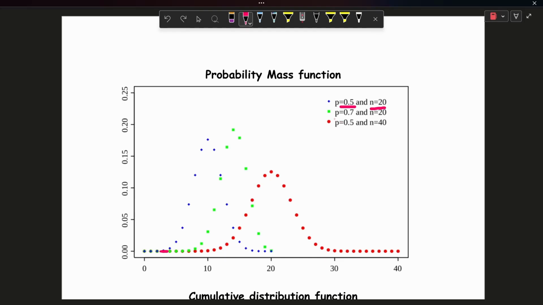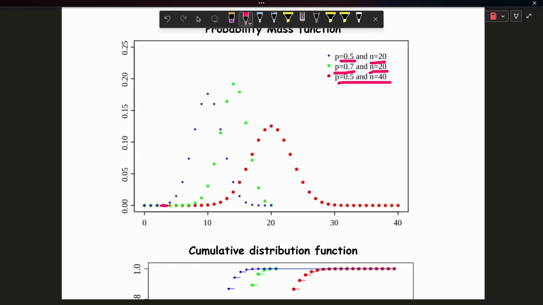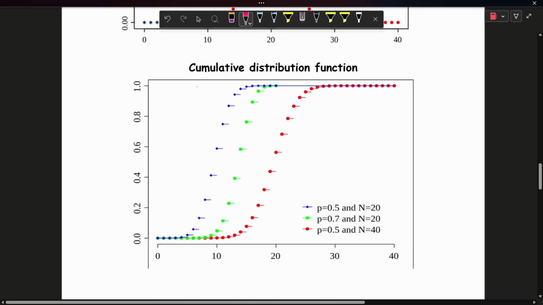If the probability of success is 0.7 when it is conducted for 20 times, then the distribution looks like this green dotted graph. The same goes for this. As the number of trials increases, the graph is getting smaller, and this is the cumulative distribution function. This is as usual the S shape.